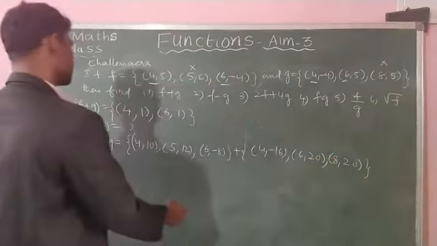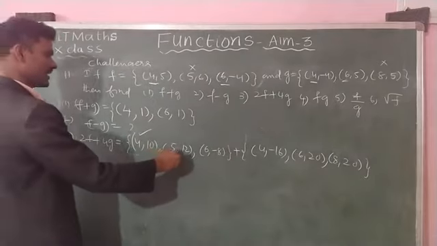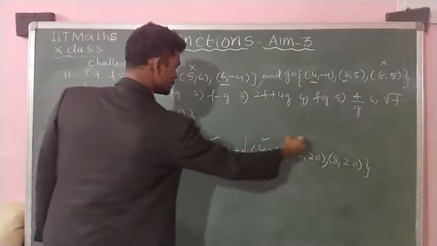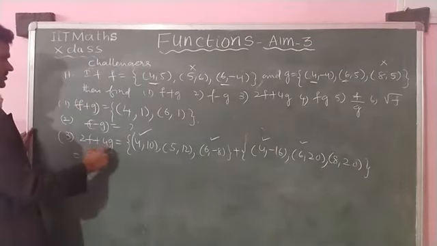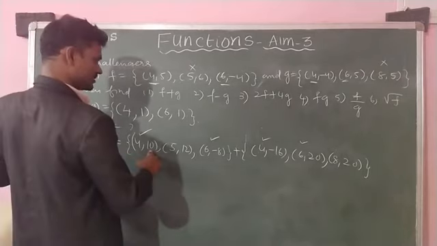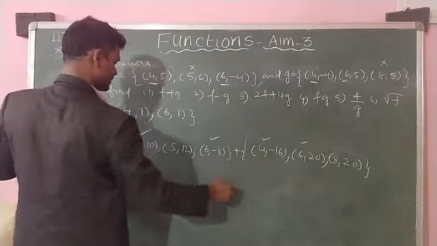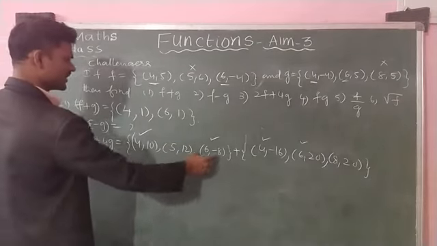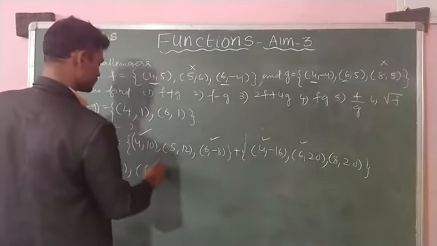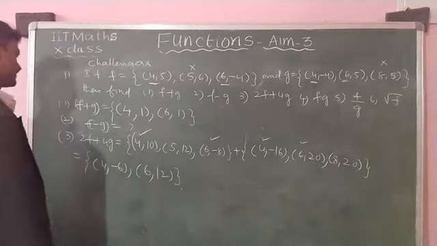Now you can consider only two ordered pairs, 4 and 6 only. Now 2f plus 4g is equal to (4, 10 plus -16 is equal to -6). Next (6, -8 plus 20 is equal to 12).